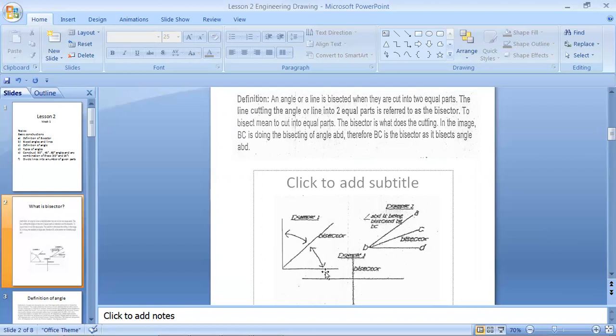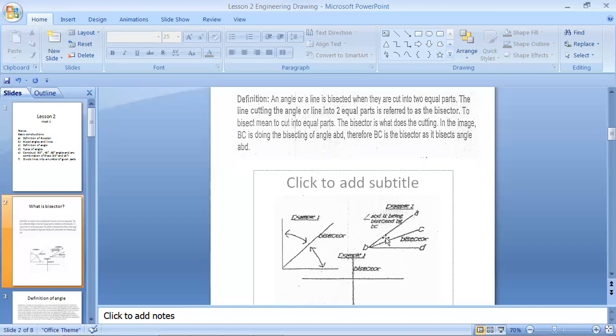That's a bisector. If we have, for instance, a 90-degree angle, and we divide this 90-degree angle into 2 equal parts, the line that divides the angle in 2 we call a bisector line.